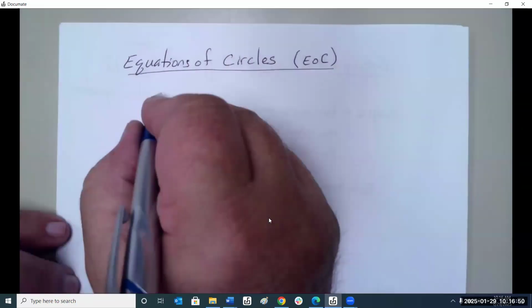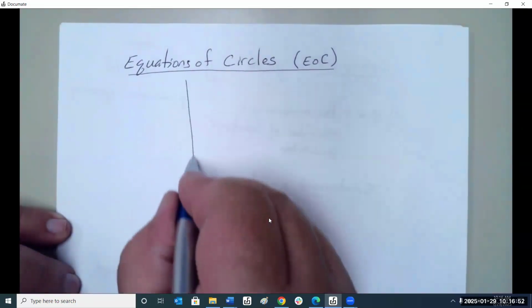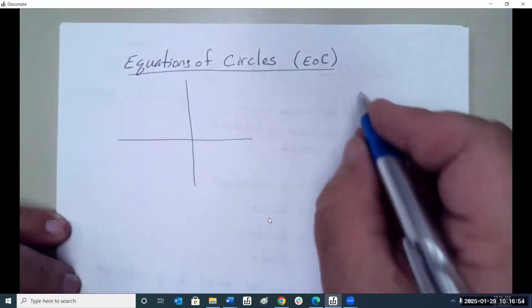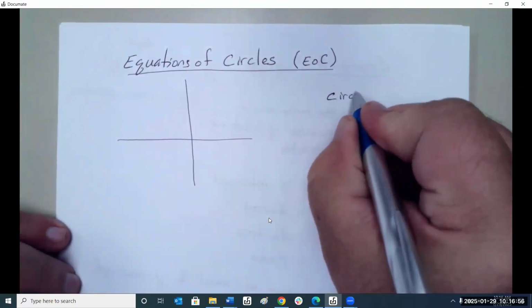And this is the interesting part about circles. First off, how would you define a circle? We have to know what we're looking for, so how would you define it?